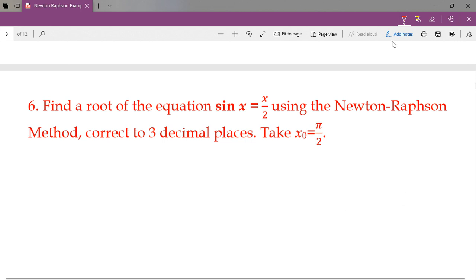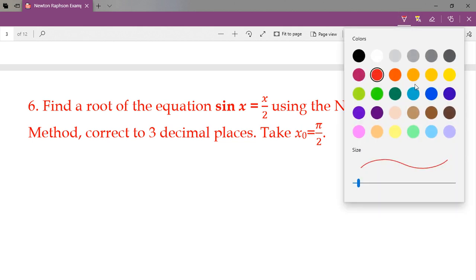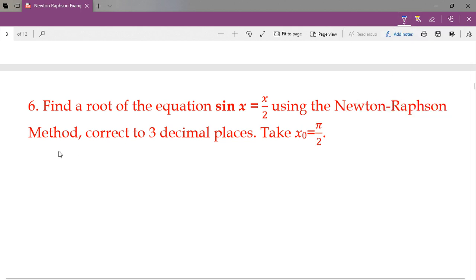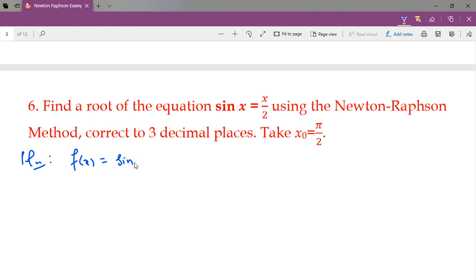This is very simple, like the previous one. What is the f of x given? f of x is equal to sin x minus x by 2, sin x minus x by 2 is equal to 0.